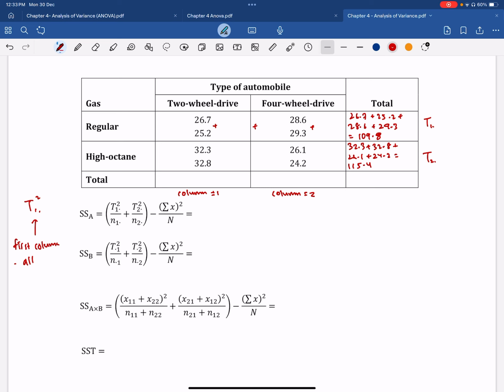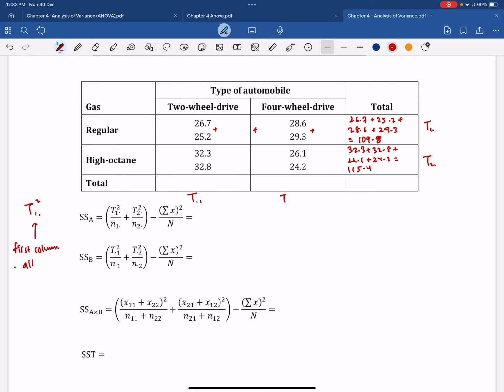While for this particular column, total dot column 1, and this is total dot column 2, you add along the column.